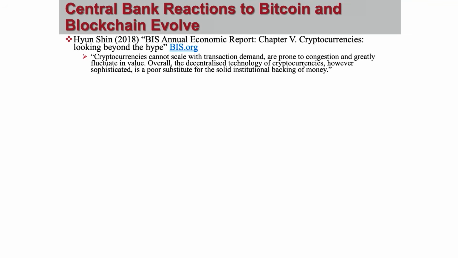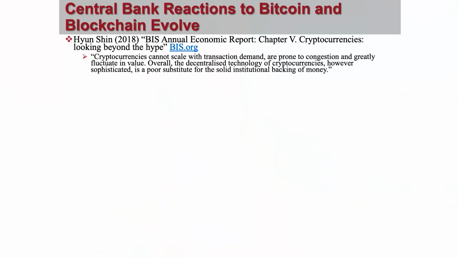Cryptocurrencies cannot scale with transactions demand, are prone to congestion, and greatly fluctuate in value. Part of that is an allusion to the validation algorithms we haven't gone into in detail yet. His quote continues, overall, the decentralized technology of cryptocurrencies, however sophisticated, is a poor substitute for the solid institutional backing of money.